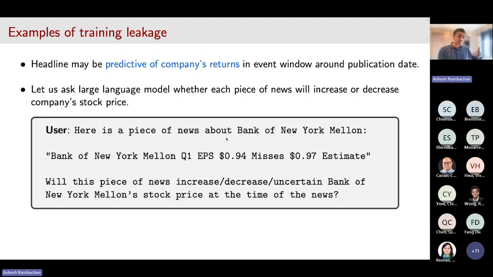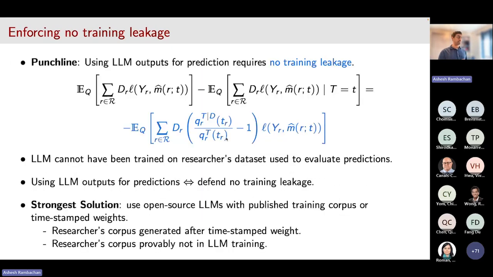It appears that these sorts of text data that economists use oftentimes can enter into the training corpus of large language models. So if we want to use LLMs for prediction based on text, the core condition that we need to enforce is no training leakage.